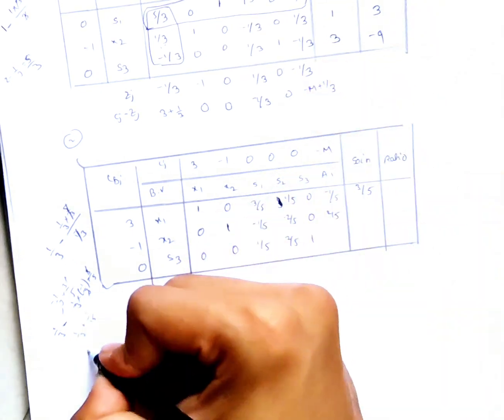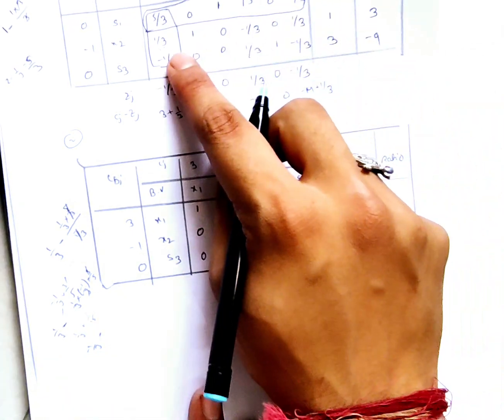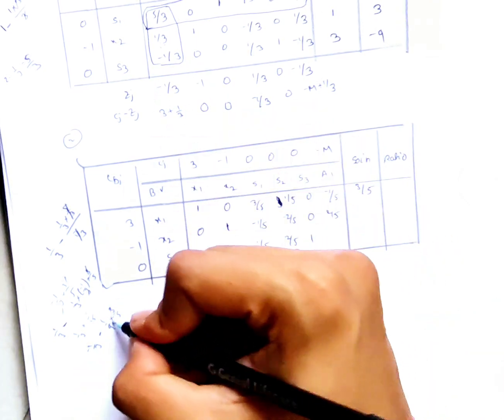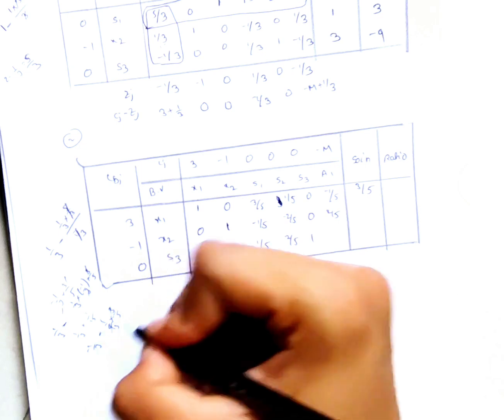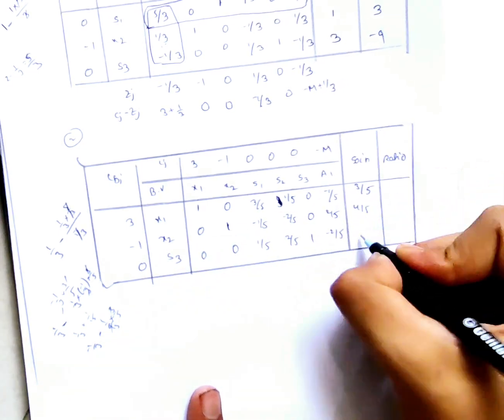Similarly this one also, minus 1 by 3 into minus 1 by 3 is 1 by 9, 1 by 9 into 3 by 5, 3 ones 3 threes, another minus 1 minus 2 by 5. So these values will be 4 by 5 and 16 by 5.